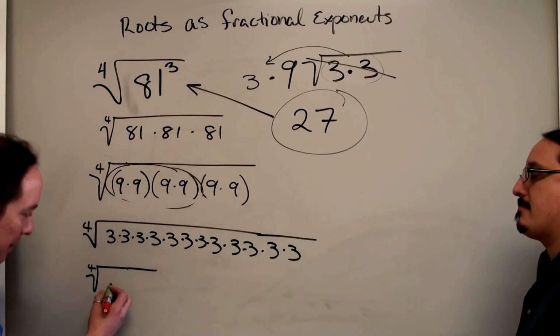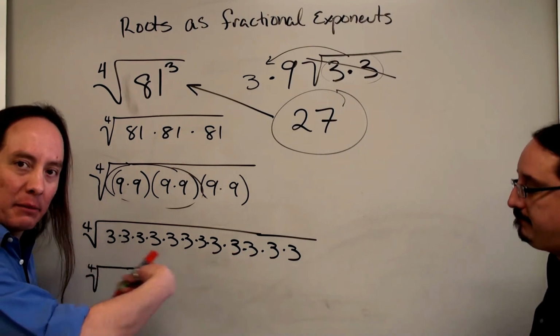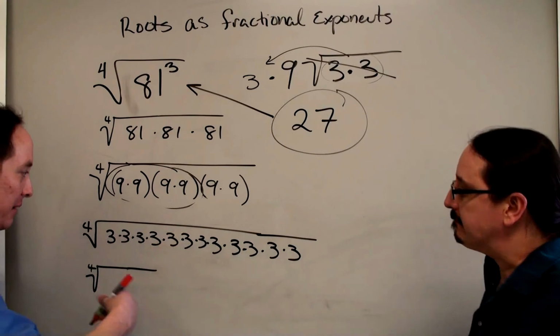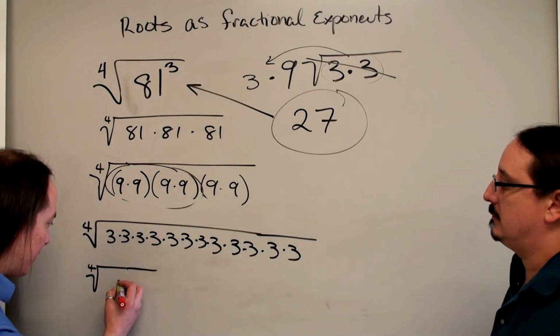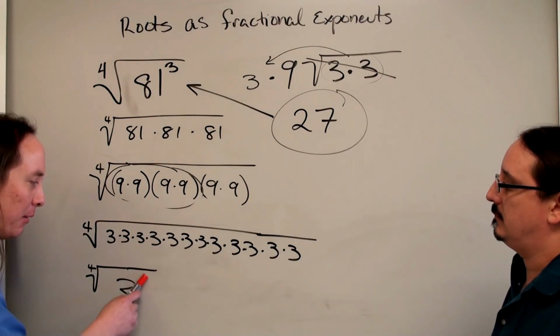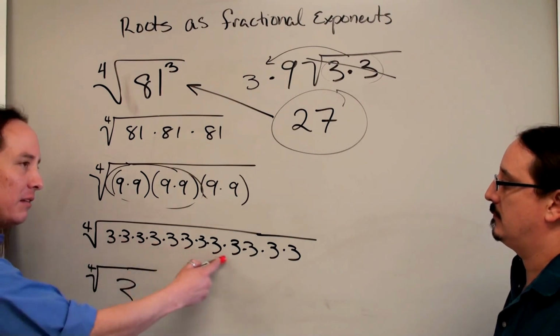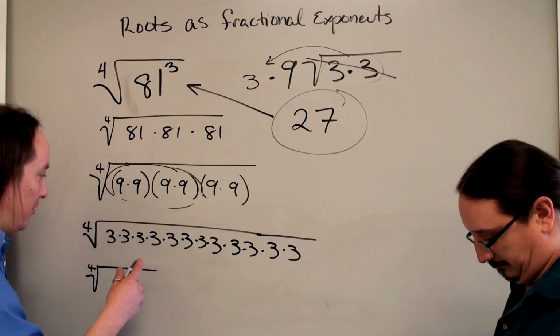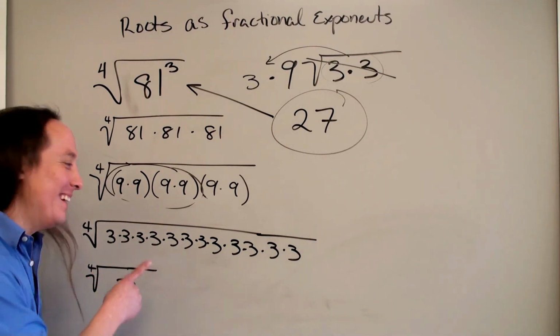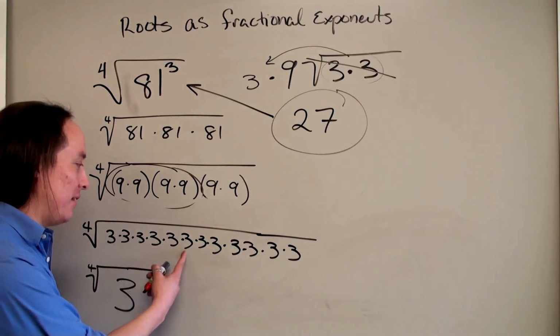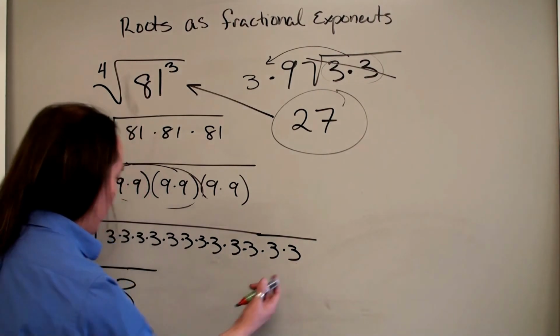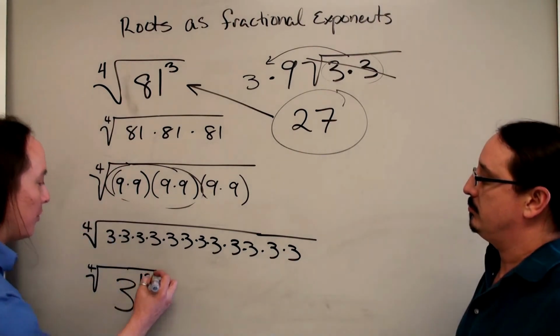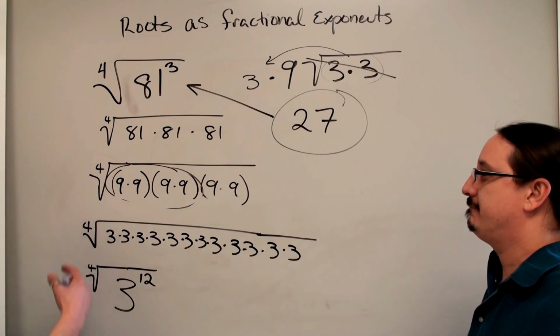My base is 3, because that's the one getting multiplied by itself a whole bunch of times. I have to count how many times. My exponent is how many of these are being multiplied together: 1, 2, 3, 4, 5, 6, 7, 8, 9, 10, 11, 12. This would be 3 to the 12th, the fourth root of 3 to the 12th.